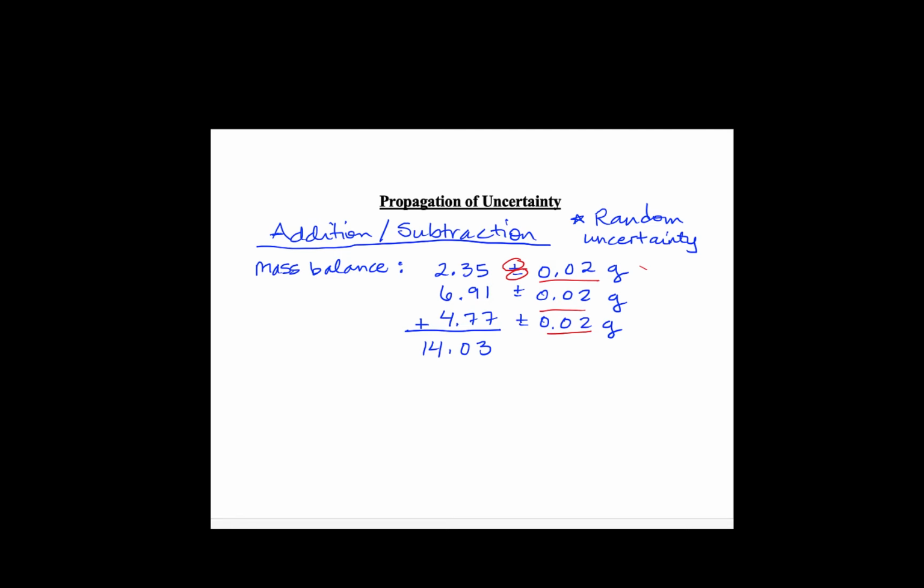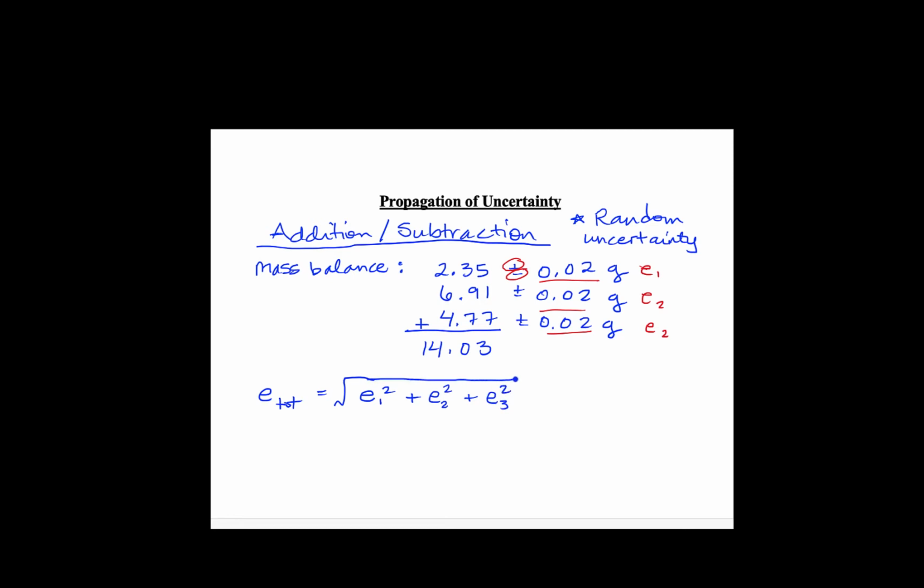So instead what we're going to do is calculate using sort of a square root of the squares process here. So if each one of these uncertainties, I'm going to label these E1, E2, and E3, we're going to take each of those and square them individually and then add them together, and that way we get rid of any negatives.